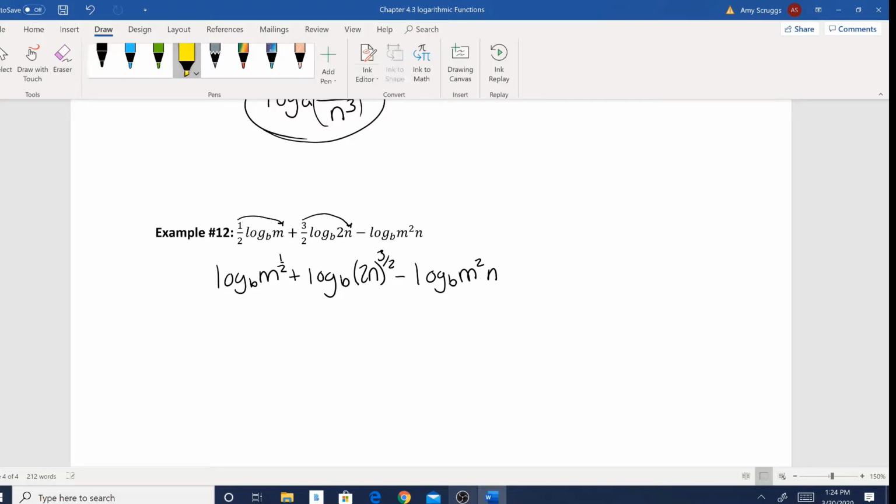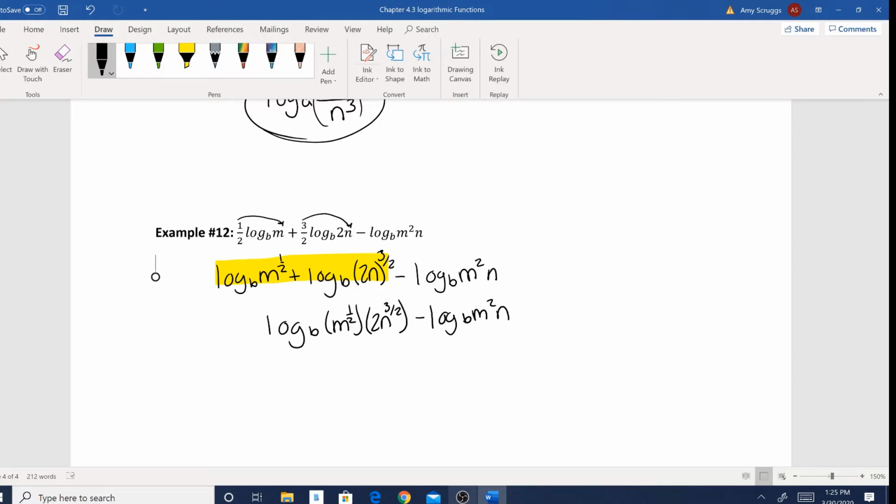So if you look at just these first 2, those are additions, so that means we're going to be multiplying. So that's going to end up being log base b of m to the 1/2 times 2n raised to the 3 over 2 minus all this stuff over here. Okay?